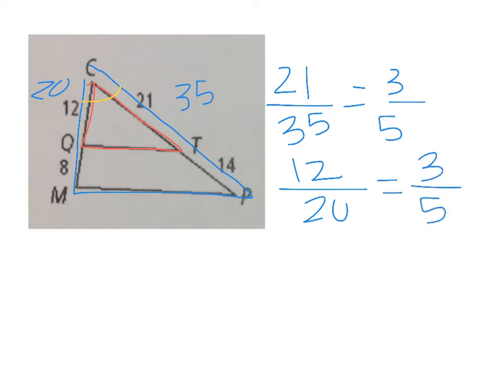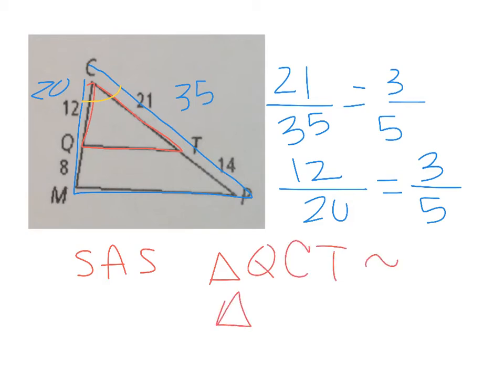So yes, we know these two triangles are similar by side angle side, and then we've been asked to write a similarity statement. We're just going to name the triangles in the same order. So small triangle QCT will be similar to triangle MCP.